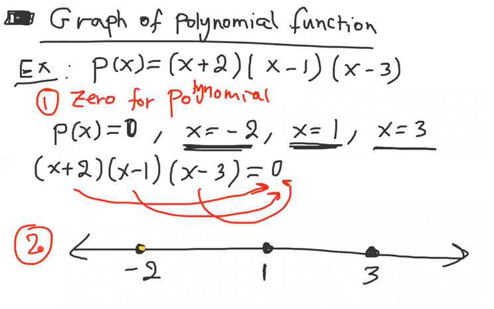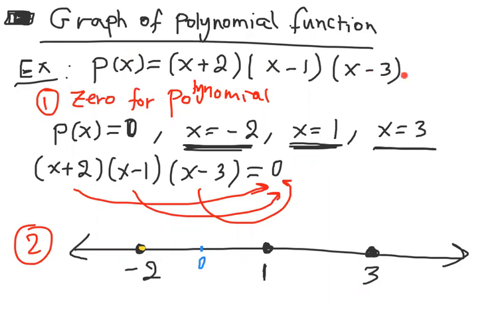How can we find the sign? By choosing any element in each interval. For example, I will choose 0 here and plug this 0 inside the polynomial. The answer gives me the sign.